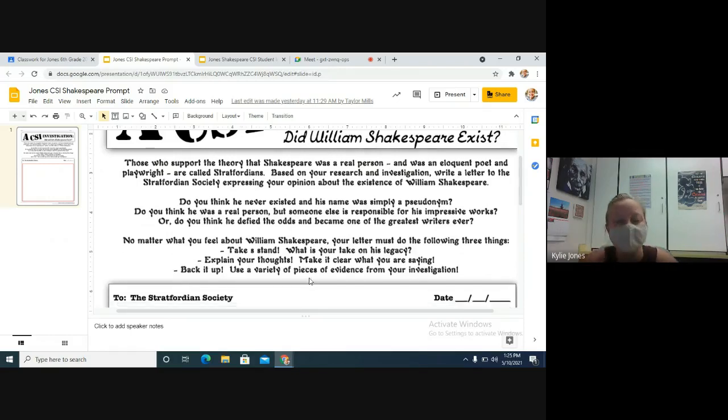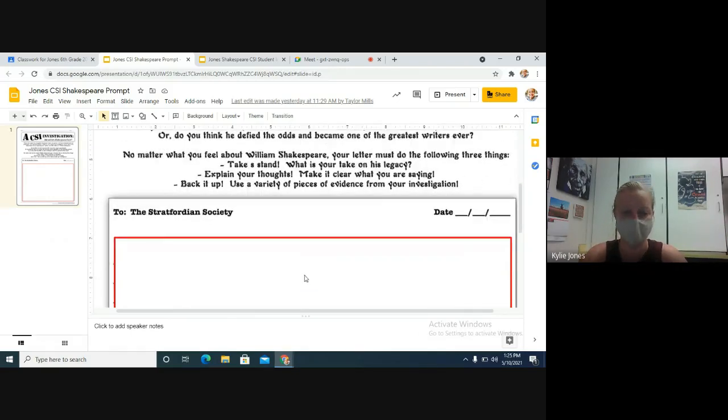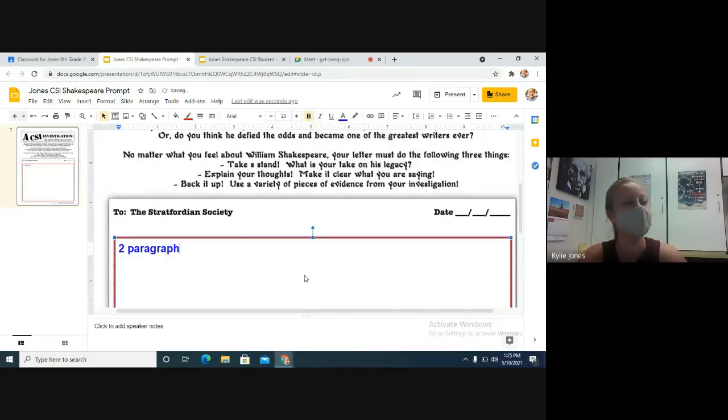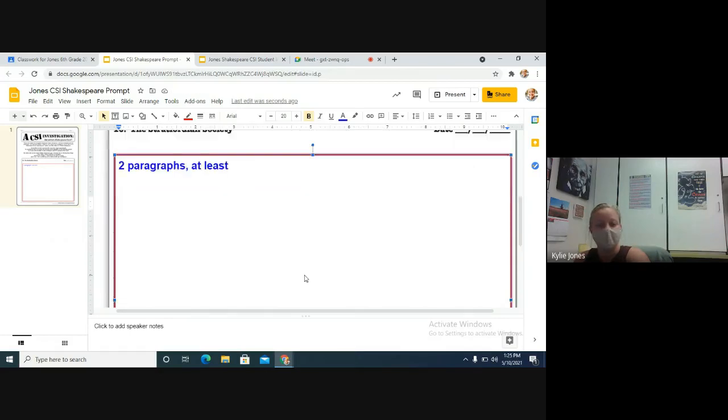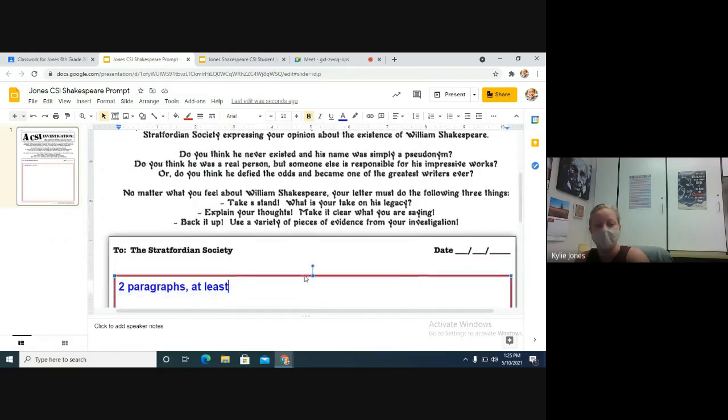So let's do 2 paragraphs here. All of the questions, how many are there? 3. Okay, 2 paragraphs at least, to answer the question, do you think William Shakespeare is real? There's some ideas up at the top for you to follow, and make sure that you answer those couple of questions. Because it says, what is your take on his legacy, which is paragraph 3, and there's 3 of them.